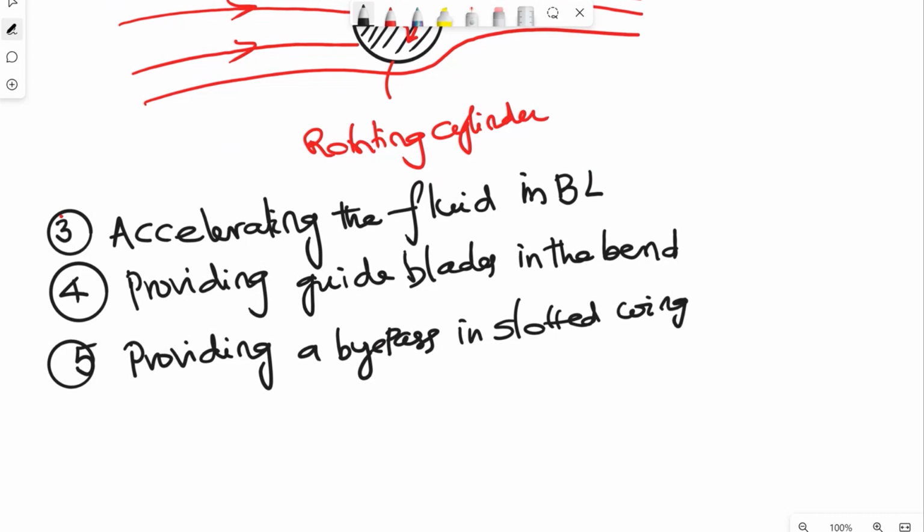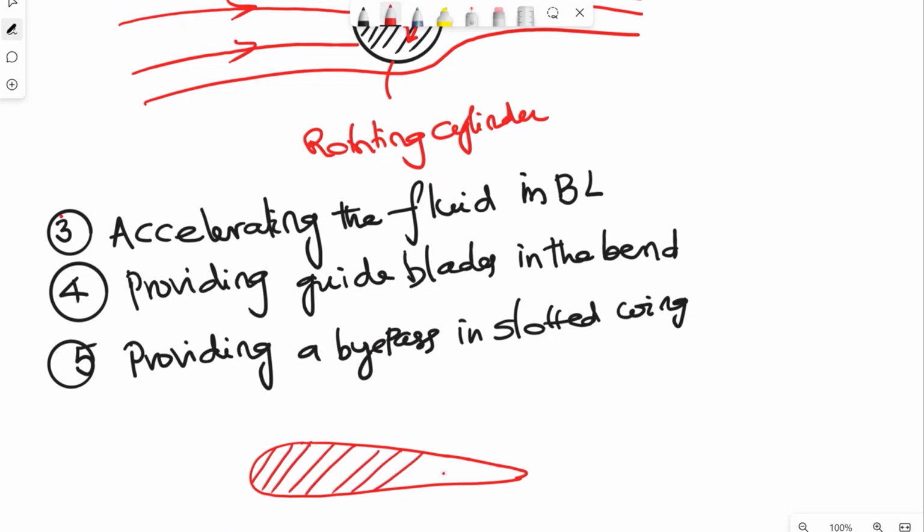What is that? You make the shape of the body. So this is the body. What you are asked to do is make a slotted opening here.